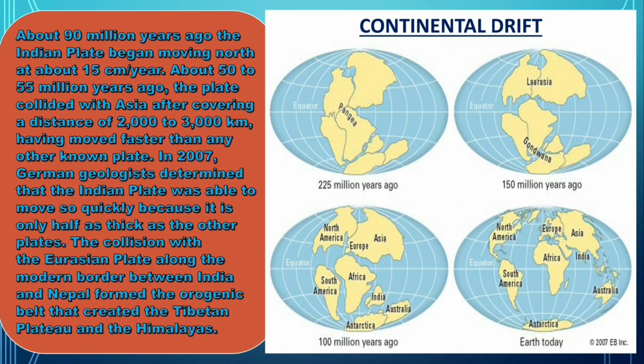In 2007, German geologists determined that the Indian plate was able to move so quickly because it is only half as thick as the other plates. The collision with the Eurasian plate along the modern border between India and Nepal formed the orogenic belt that created the Tibetan Plateau and the Himalayas.